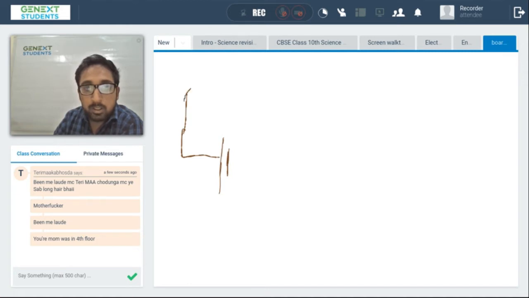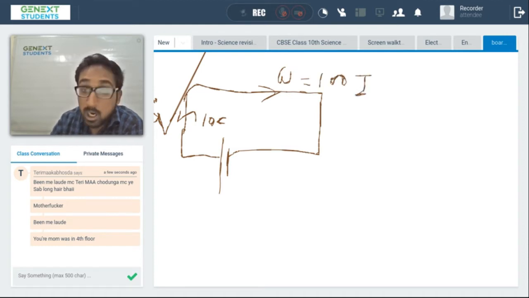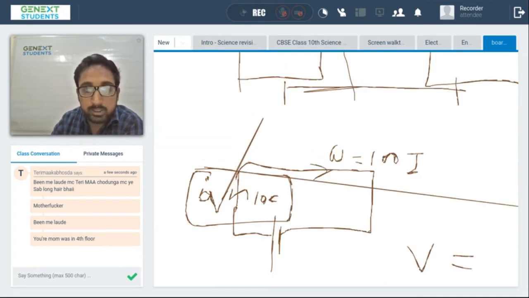This is a battery, and let's say this is the current flowing in this part. So let's assume the charge here is 10 coulomb, and the work done in this circuit is 100 joules. So what will the potential difference be? The charges here are 10 coulomb, as in there are 10 charges, for example.